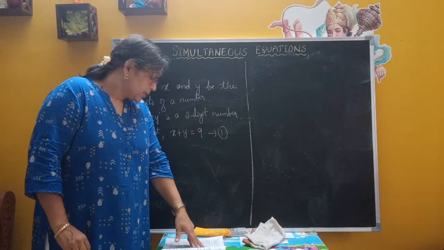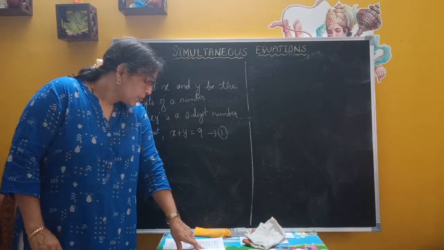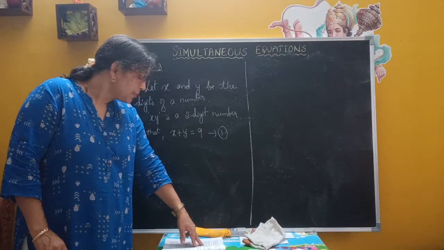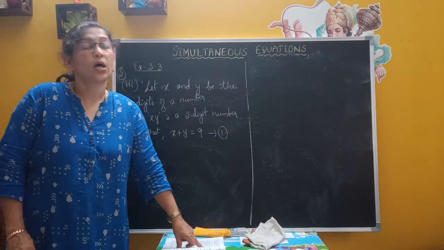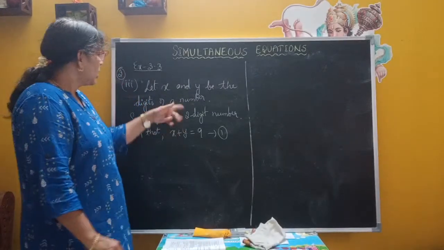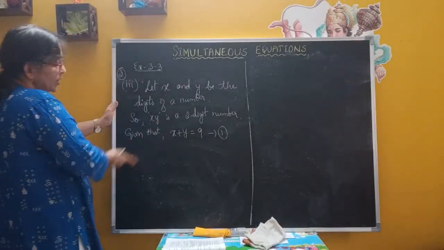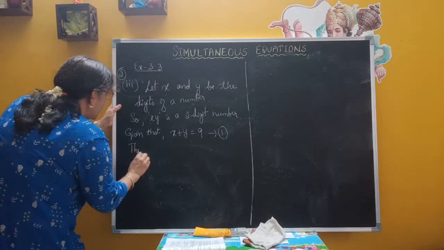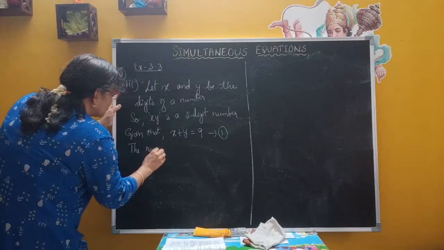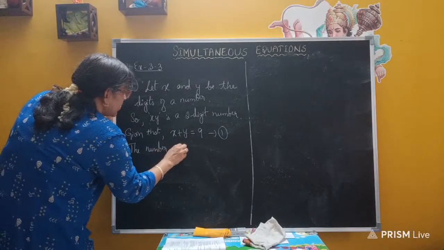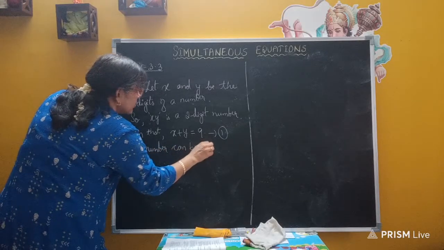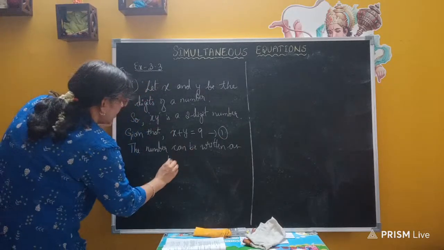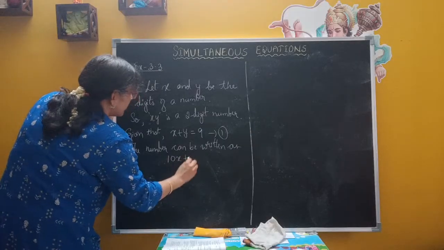Now also, 9 times this number is twice the number obtained by reversing the order of the digits. Okay, now the number can be written as, first let us take the first number. The number can be written as 10x plus y.